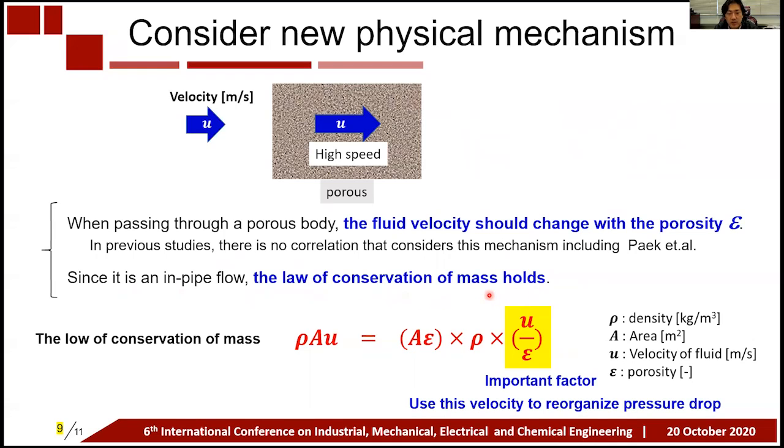In other words, if the channel is narrowing and the conservation of mass holds, the velocity should increase in the porous medium. Therefore, it was decided to use the representative velocity of the fluid that takes into account the flow velocity variation by porosity.